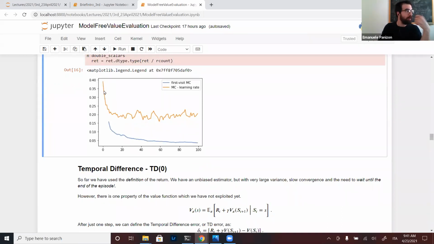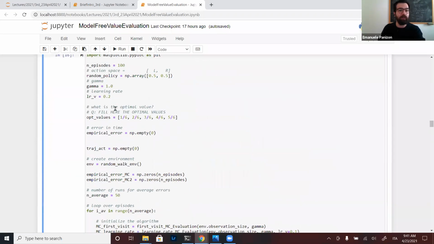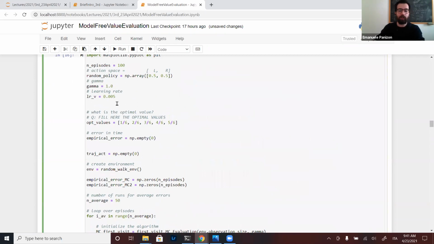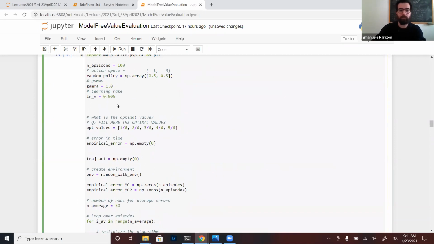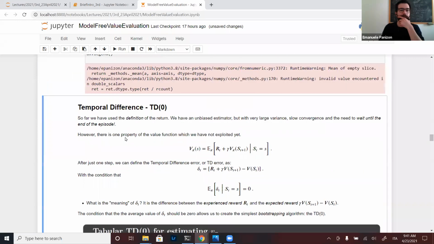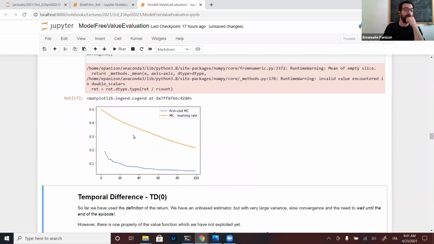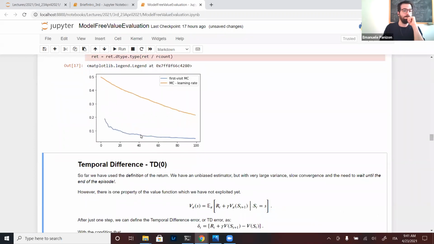In the beginning I learned very fast because I was very far from the right solution, but then it's a mess. And if I use a very, very small learning rate, of course, in the end this will be a much better solution, but it takes a very long time.